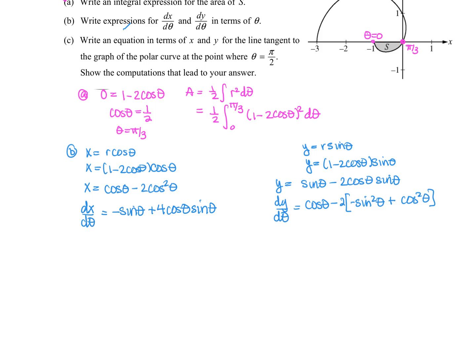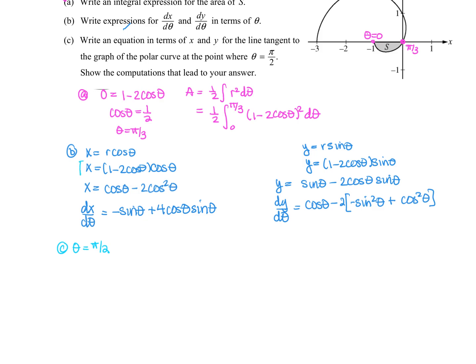Part C. Write the equation in terms of x and y for the line tangent to the curve at pi halves. Show the computation that leads to your answer. So we want everything to do with pi halves. So the first thing I'm going to need to do, if I want a tangent line, is we're going to need a point and a slope.